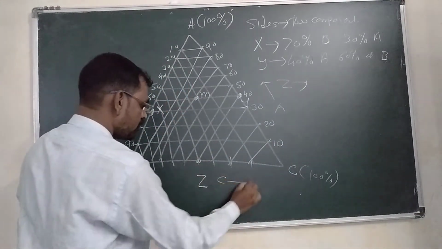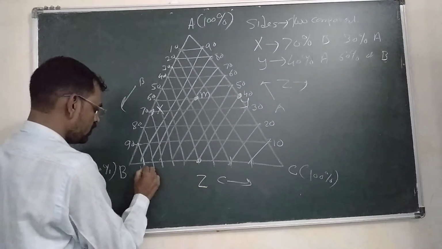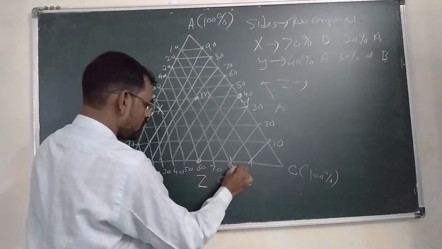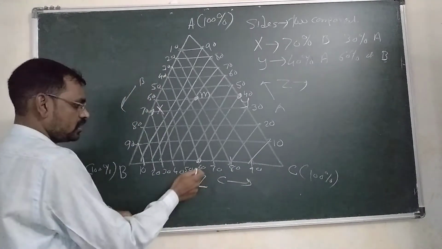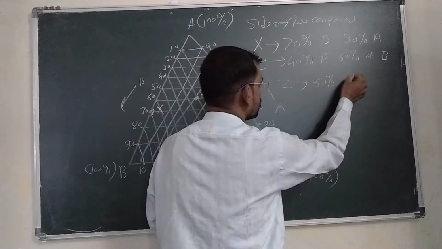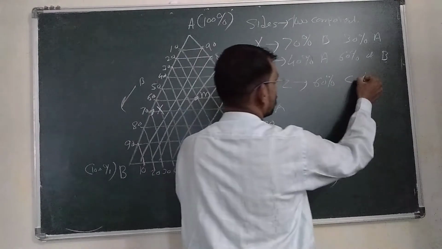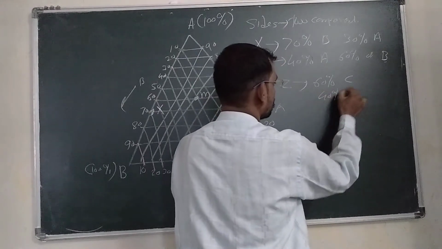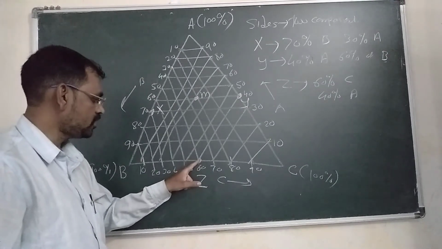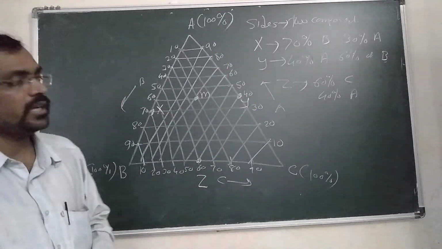This is the percentage of C here, going 10, 20, 30, 40, 50, 60, 70, 80, 90 and 100. So this is 60% of C and 40% of A.